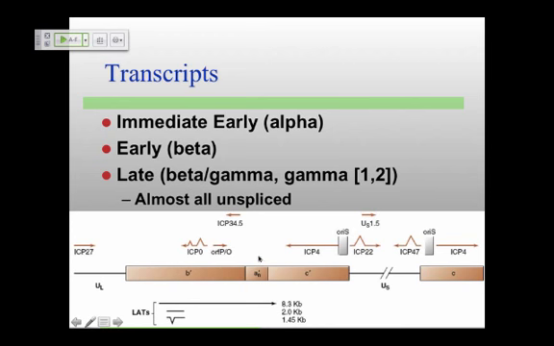Some exceptions here are these very early transcripts which are made. This, again, terminology here is horrible for herpes viruses. ICP just stands for infected cell protein. And the first ones, third ones, et cetera, what you find.